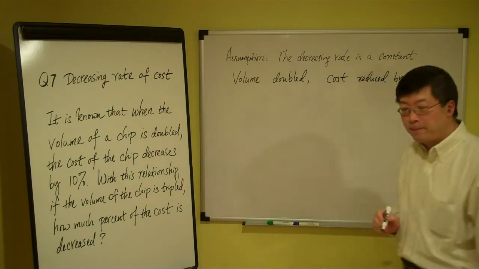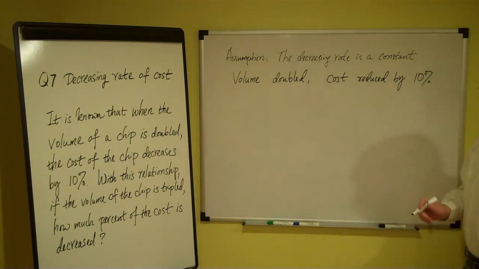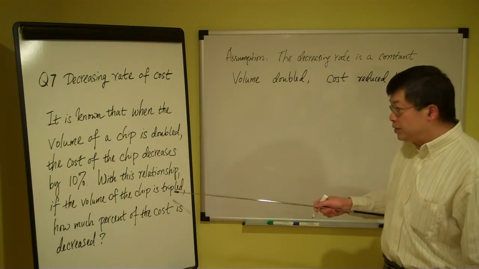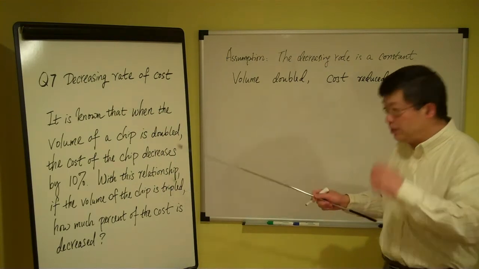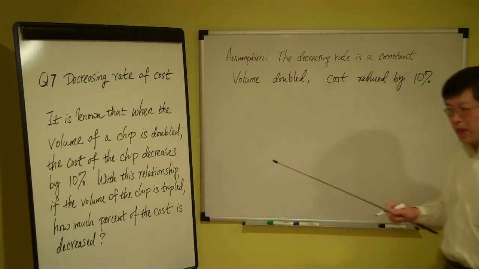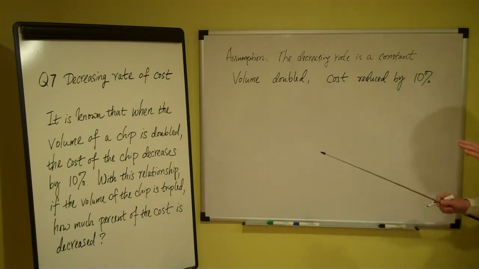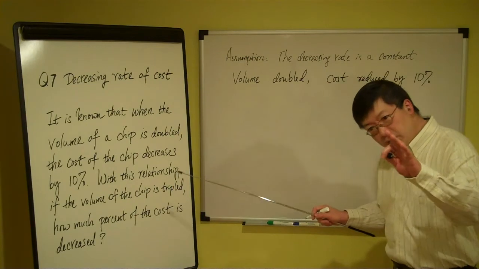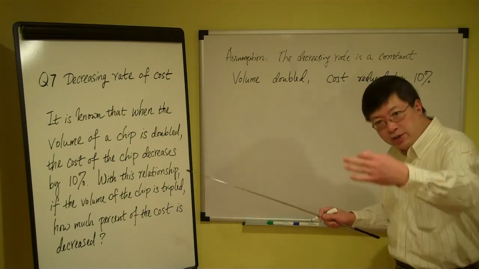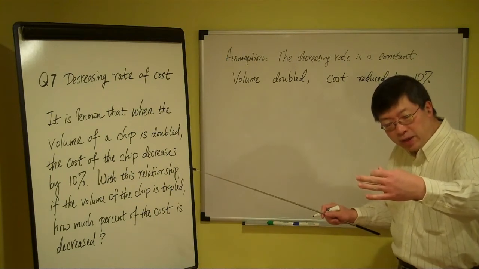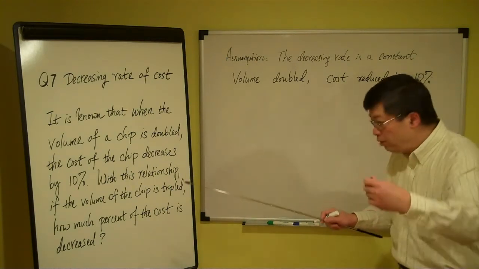From double to triple, because our goal is the volume of the chip being tripled. But from double to triple, it looks like not quite easy. So here, let's move one step forward and make one easier step forward.